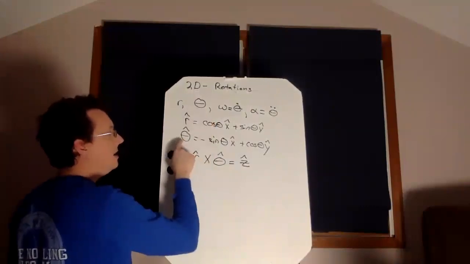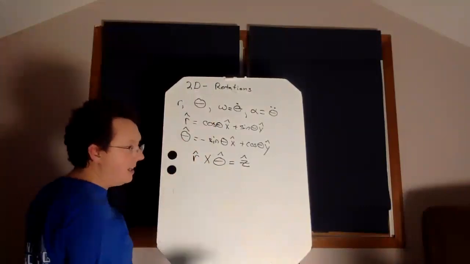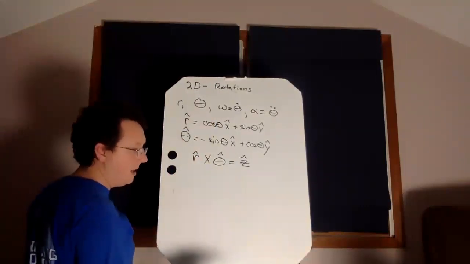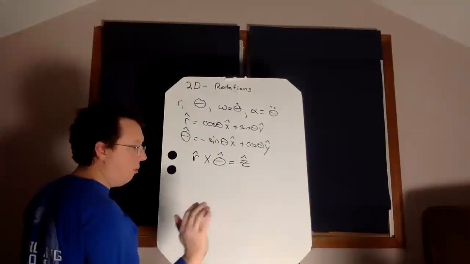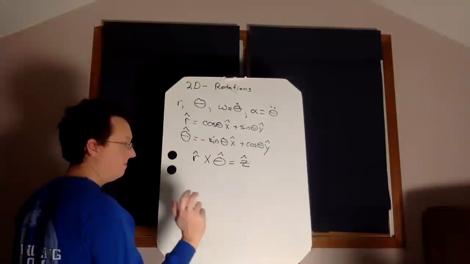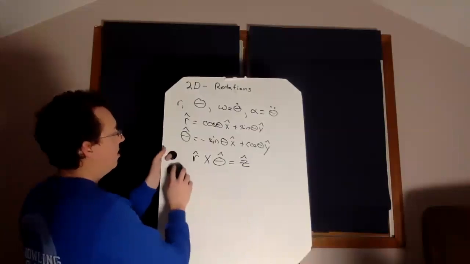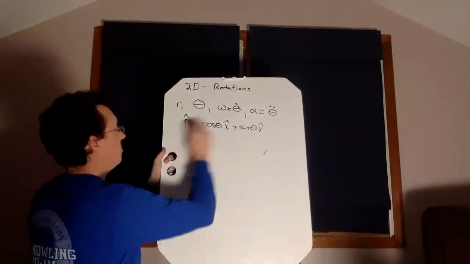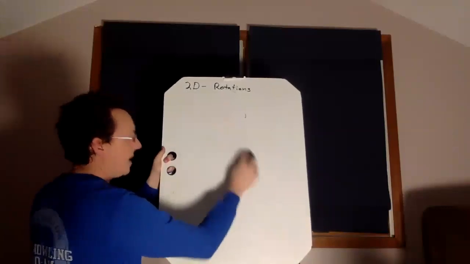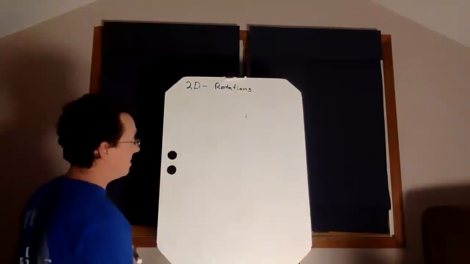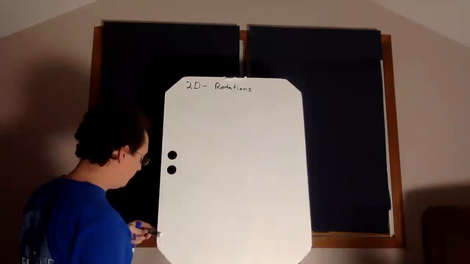Theta hat is a unit vector in the xy plane, and it points along the circle. All right, so hang on to those facts. If I had more board room, I would leave that stuff on the board, but I have to move on.